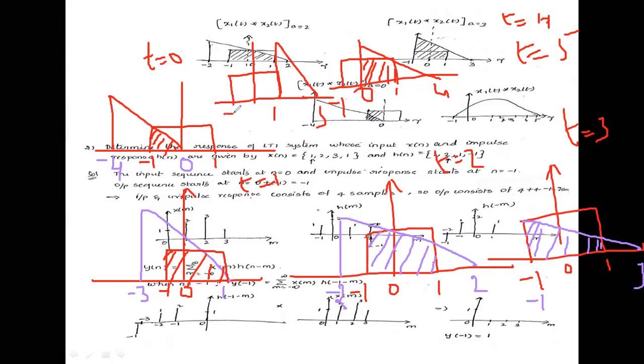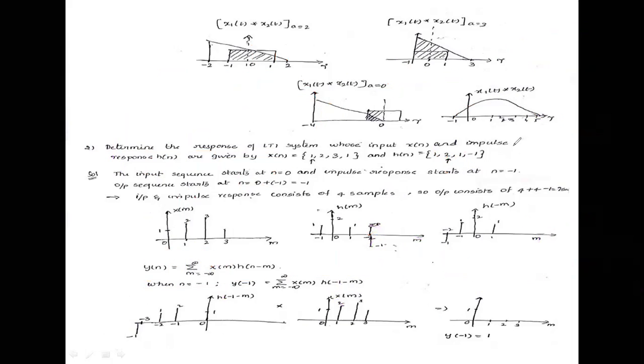Now there is no overlapping here. The minus 1 and the 0 exactly at 1. The upper limit is 1 and the lower limit is 1. 1 minus 1 is 0. So at the value 5 it goes to 0. We start from minus 1 and end at t is equal to 5. So here see the symmetric values go on increasing and decreasing in the graphical representation.